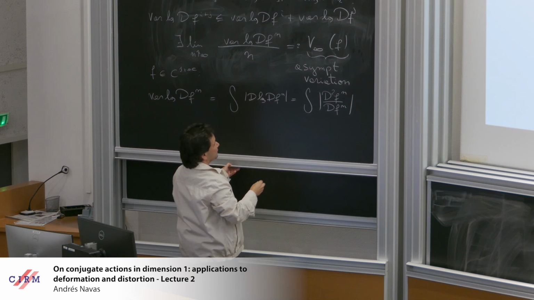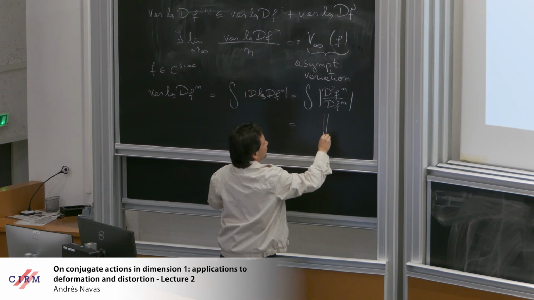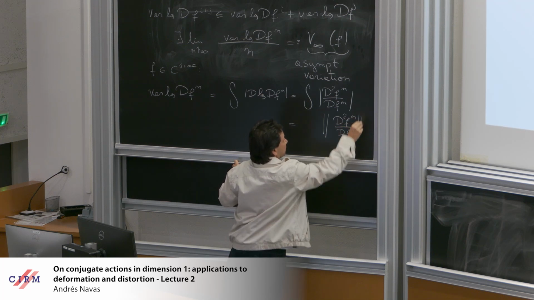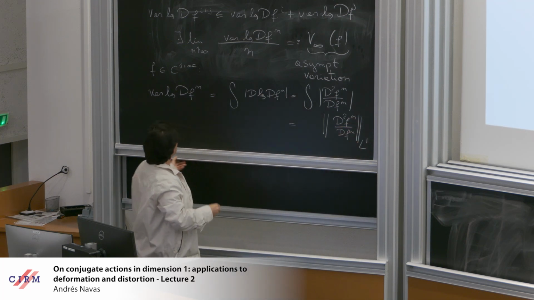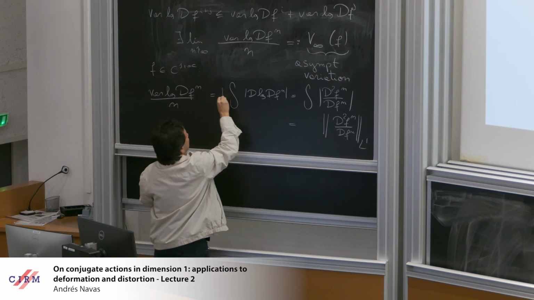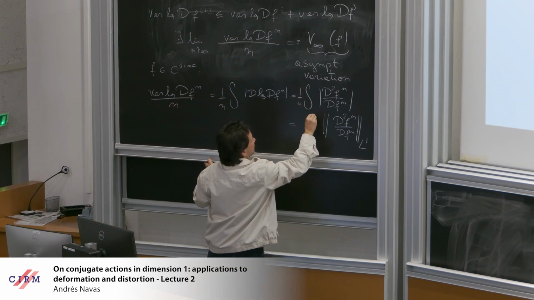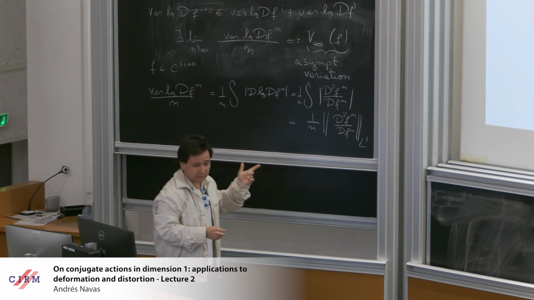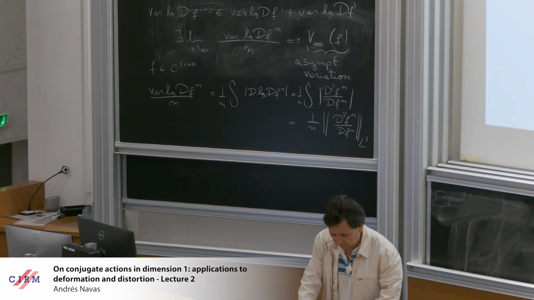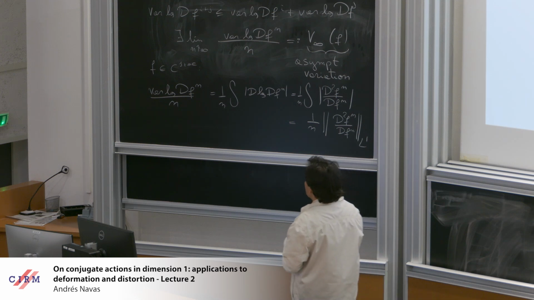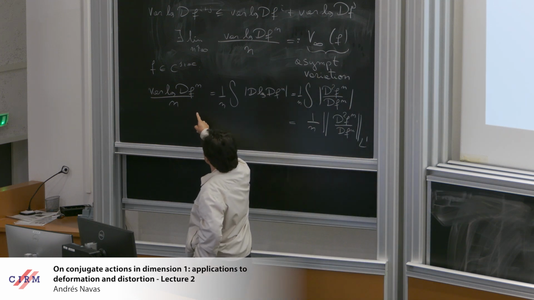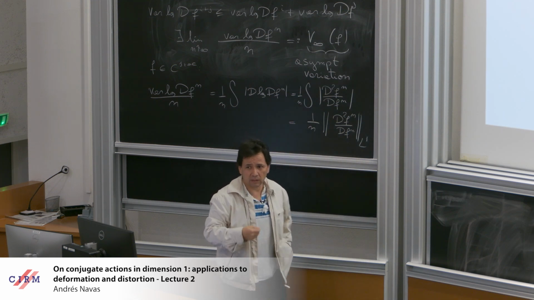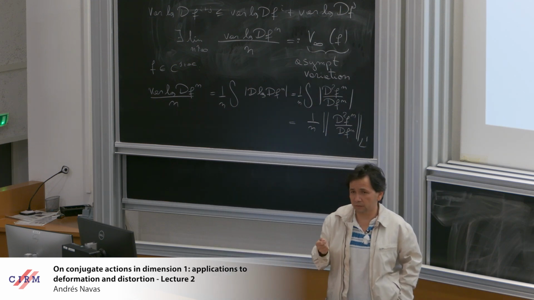And you may think about this, about the L1 norm of the affine derivative. So in this case, which is better than the case of the Denjoy class, the asymptotic variation is the linear growth of the L1 norm of the affine derivative along the iterates. And this is the good way to think about this.